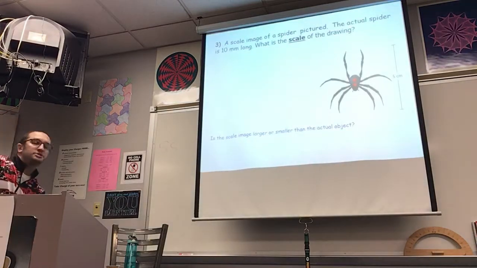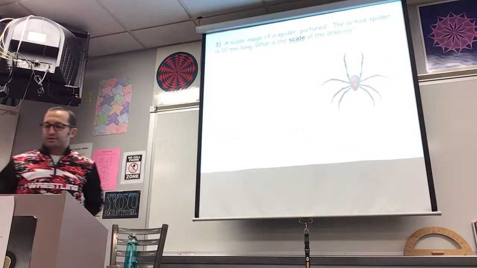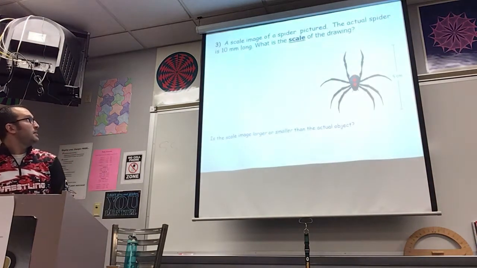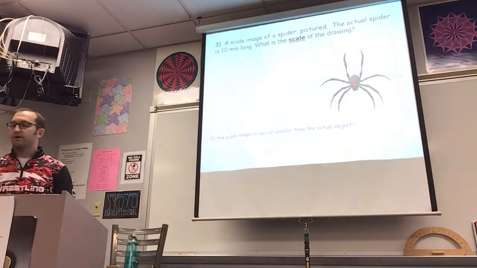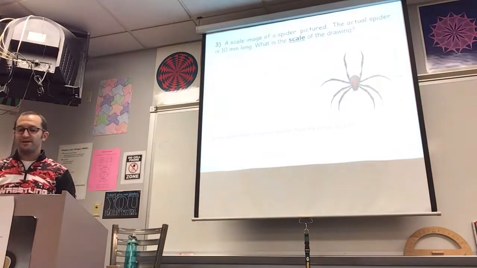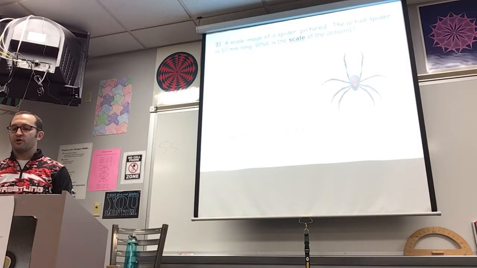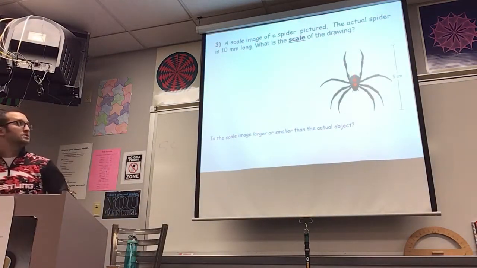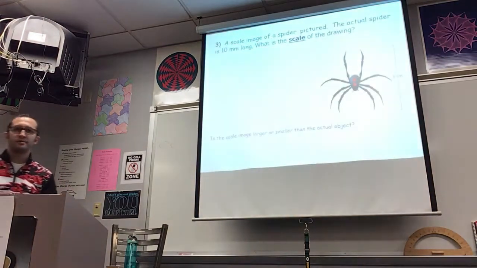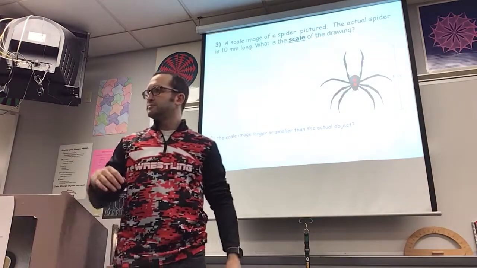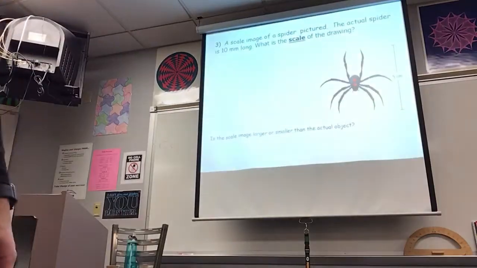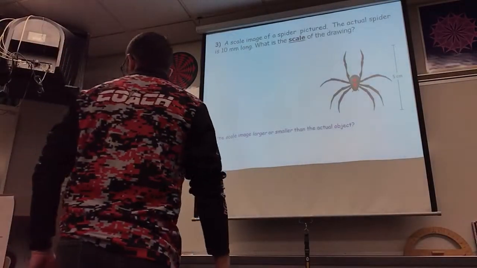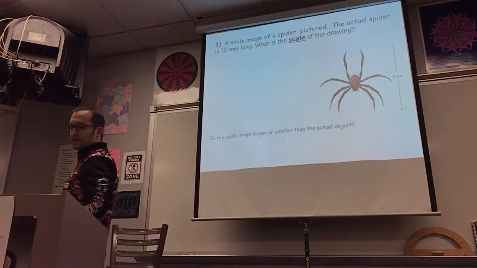All right, a scale image of a spider is pictured here. 5 centimeters. The actual spider is 10 millimeters long. That's small, huh? What is the scale of the drawing? Well, what's the first thing we look at? Look at the top. How big is the spider in the drawing, in the image? 5 centimeters.